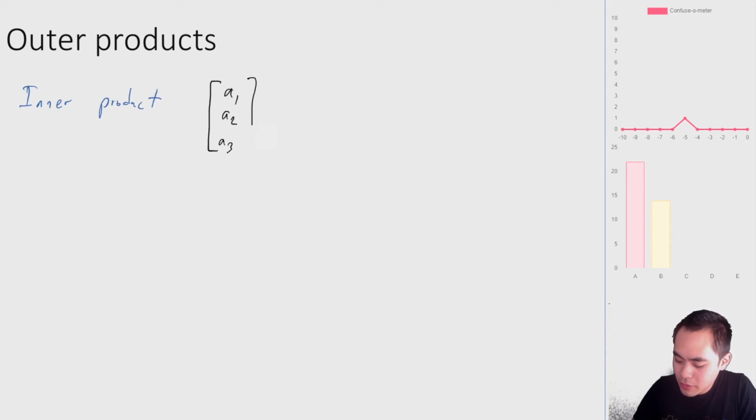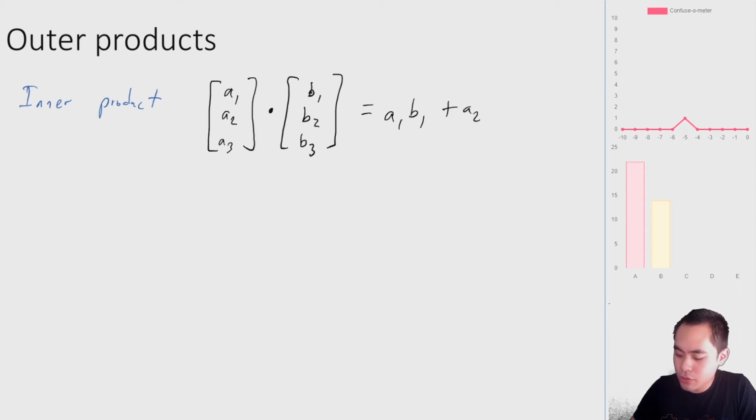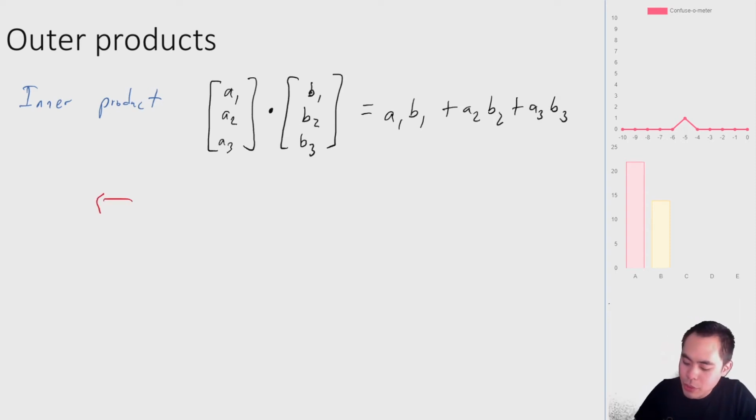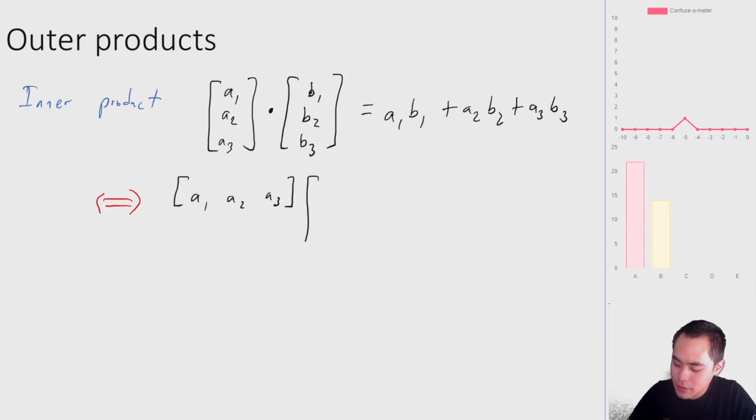A1, A2, A3. We're going to take the dot of those with B1, B2, B3. And that's equal to A1 B1 plus A2 B2 plus A3 B3. So this is a dot product of vectors. But there's another way we can think of that, because of the way we define matrix multiplication. This is actually entirely equivalent to the row vector A1, A2, A3 times the column vector B1, B2, B3.